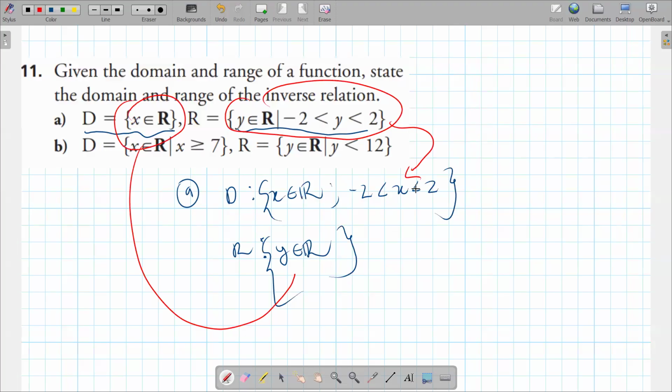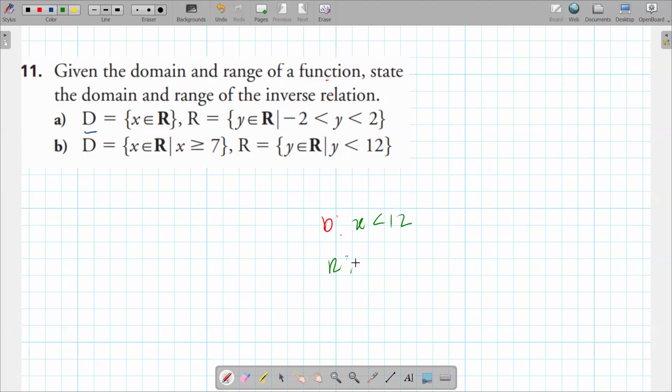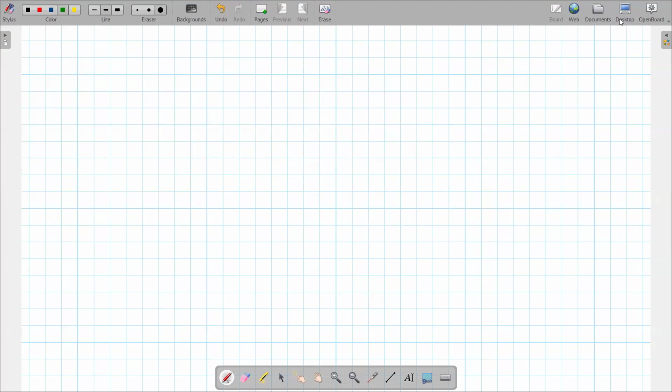Domain should always have the x, range should always have the y. Did that make sense? What's the answer to B? The domain is x is less than 12, and the range is y is greater than or equal to 7. Easy peasy.